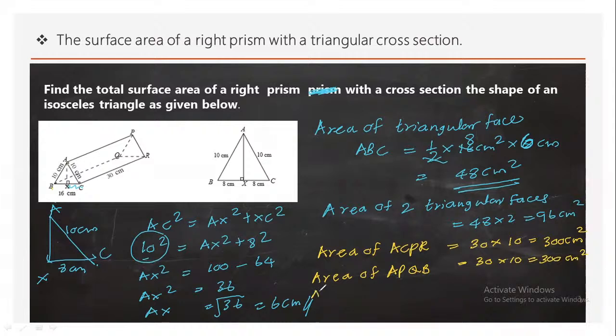Next one, area of the bottom base BCQR. BC is 16 centimeter into 30, that is 480.